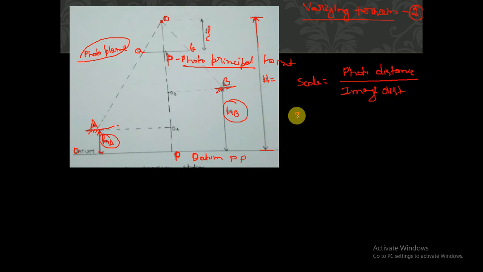So scale S is equal to a p divided by A O A. This is the photo distance, that is a p, and this is the ground distance, taken as O A.